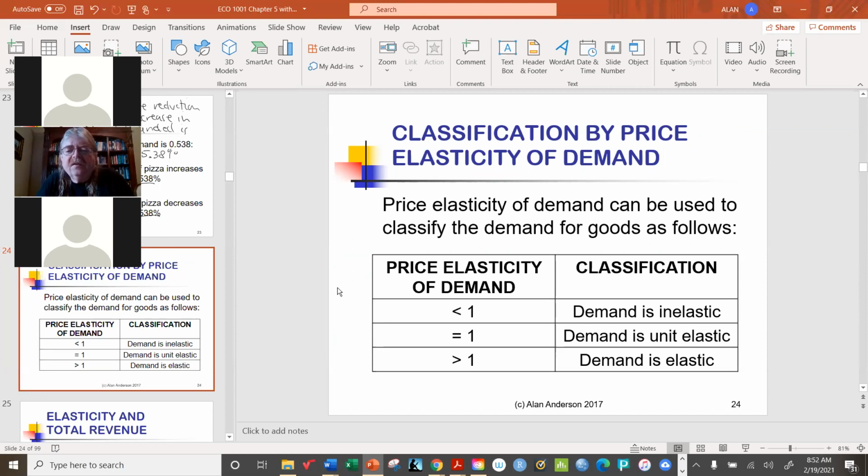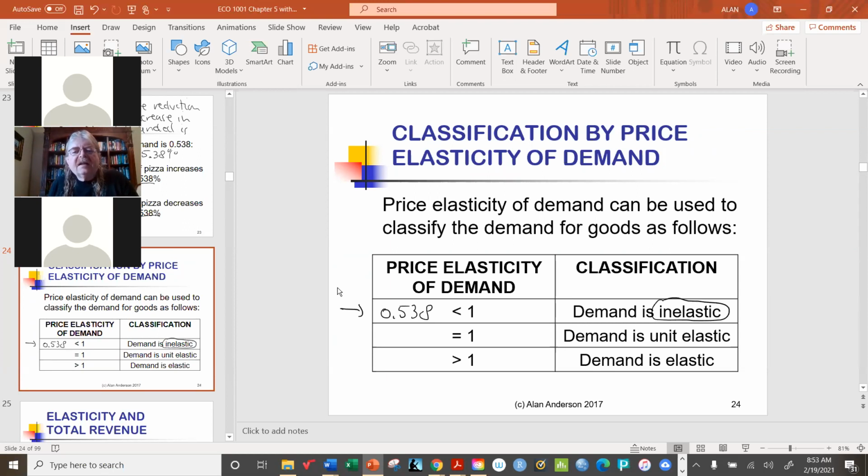This will tell us a lot of information about the demand for this product. So for the pizza case that we just calculated, we came up with 0.538, which puts us in this category. Okay, 0.538 is clearly less than 1. So for the pizza, the demand is said to be inelastic.